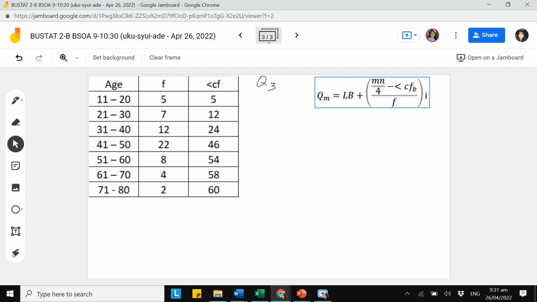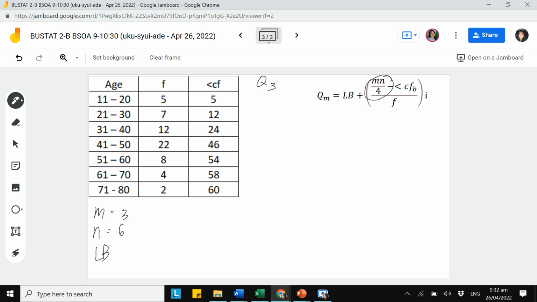Okay, so to get the class where quartile 3 is located, you just simply do m times n divided by 4. So let's get those values here muna. So m is 3, n is 60. Then, to get where it is located, let's compute for this one first.